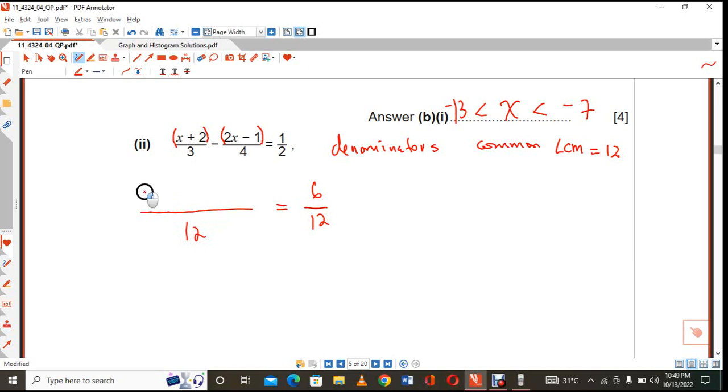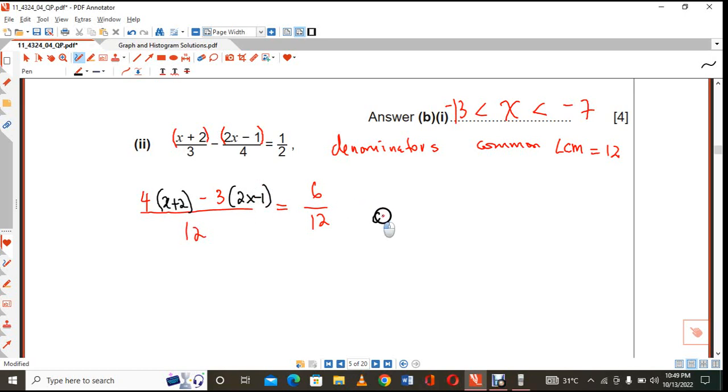Here I'll have my 4, and I have a minus here, and I'll have my 3. Because 4 goes in there 3 times, I'm going to have 4 times x plus 2, and the 3 here is going to be 2x minus 1.